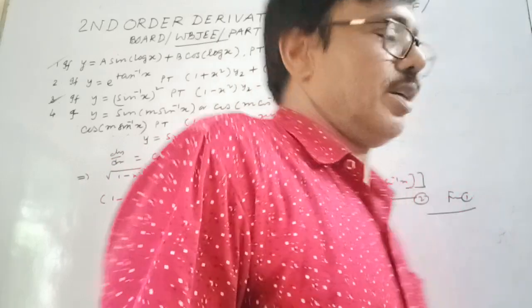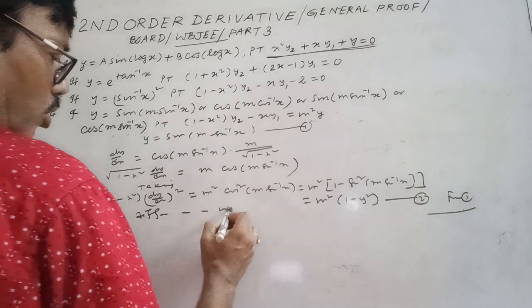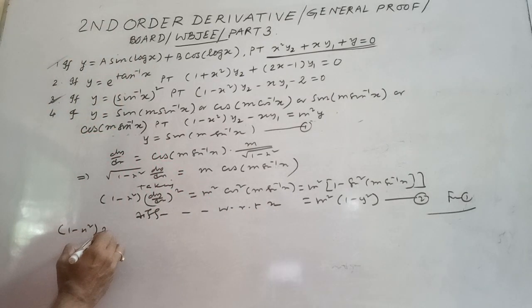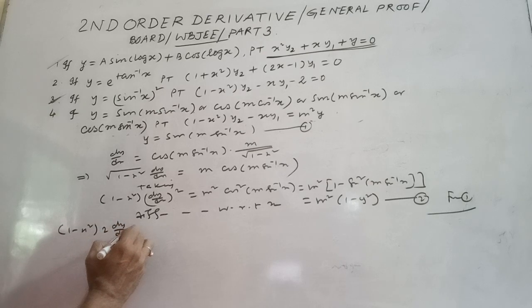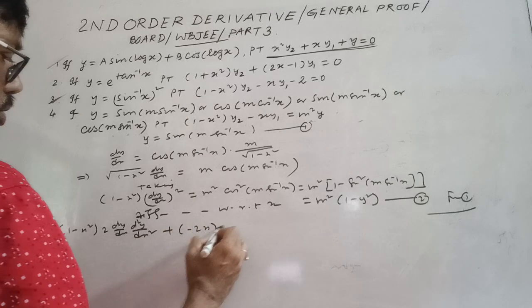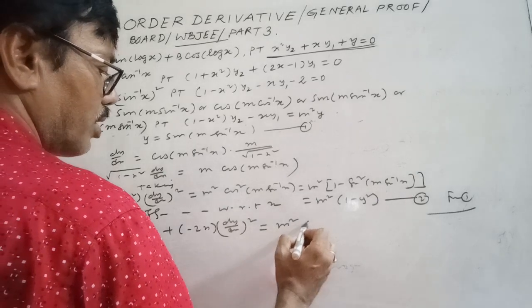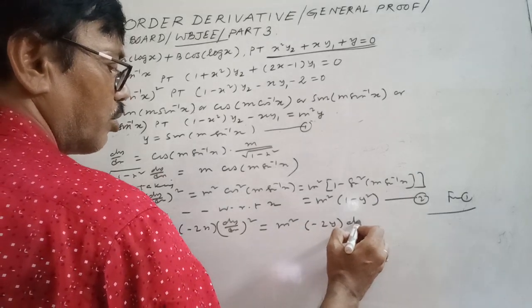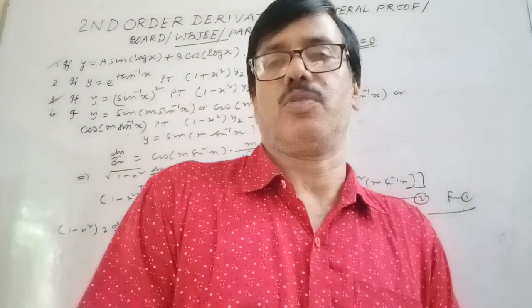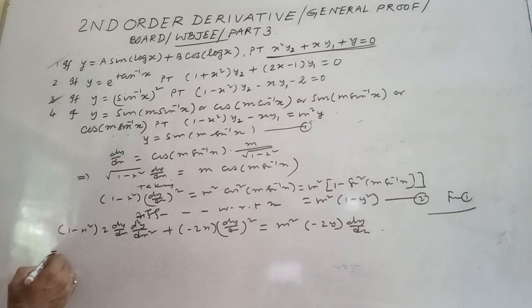Now differentiate it by product. Differentiating both sides with respect to x. So 1 minus x square unchanged, 2 dy dx, mind it, into d2y dx2, minus 2x into dy dx whole square. So m square unchanged, minus 2y into dy dx. Now we are taking square on both sides, so you have to cancel 2 dy dx on both sides.